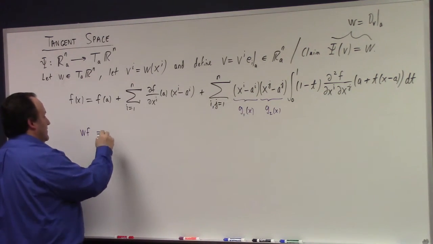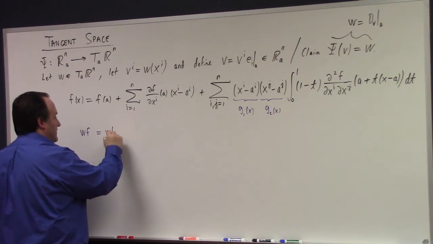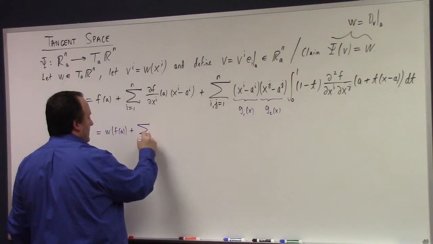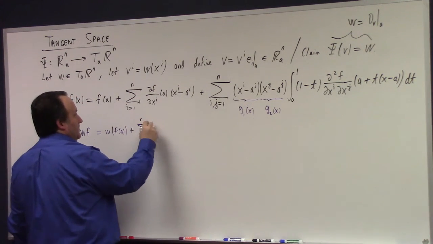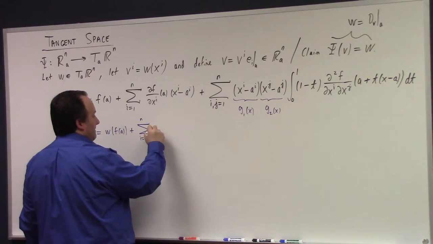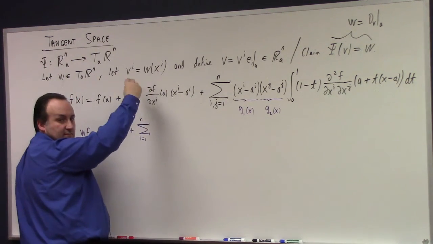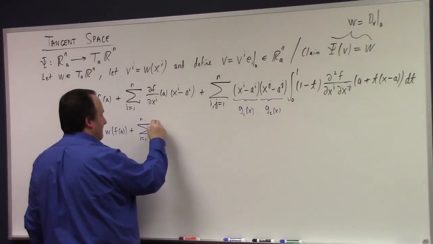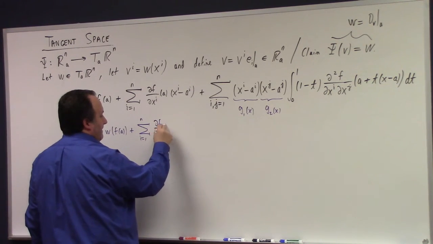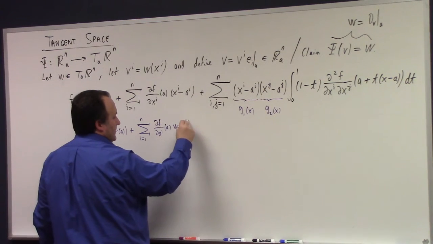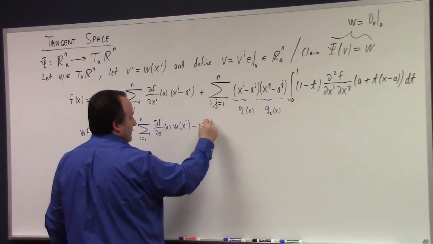And so what are you left with? Well, you got yourself a w of f of a, plus the sum I equals 1 to n of w. Well, let me just get to the point here. This is a constant, right? So I can pull that out. And then w hits, well, you got w of xi minus w of ai.